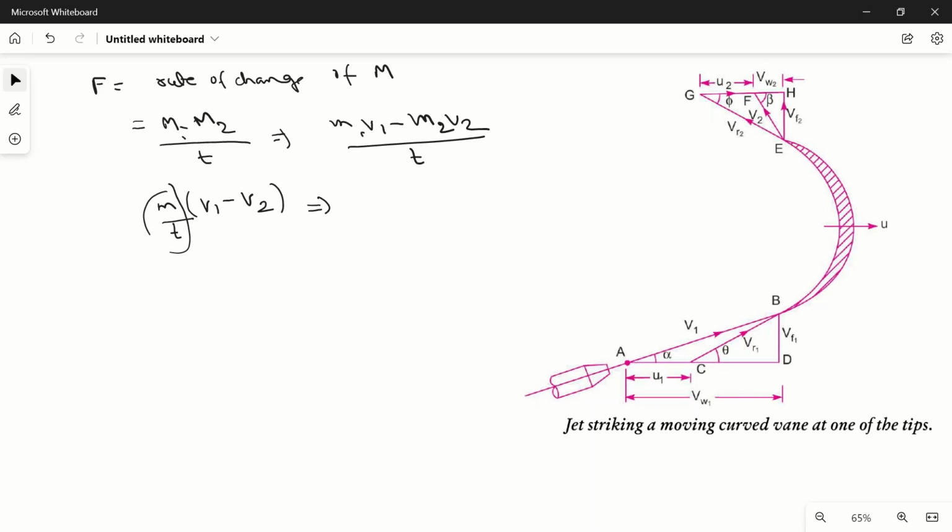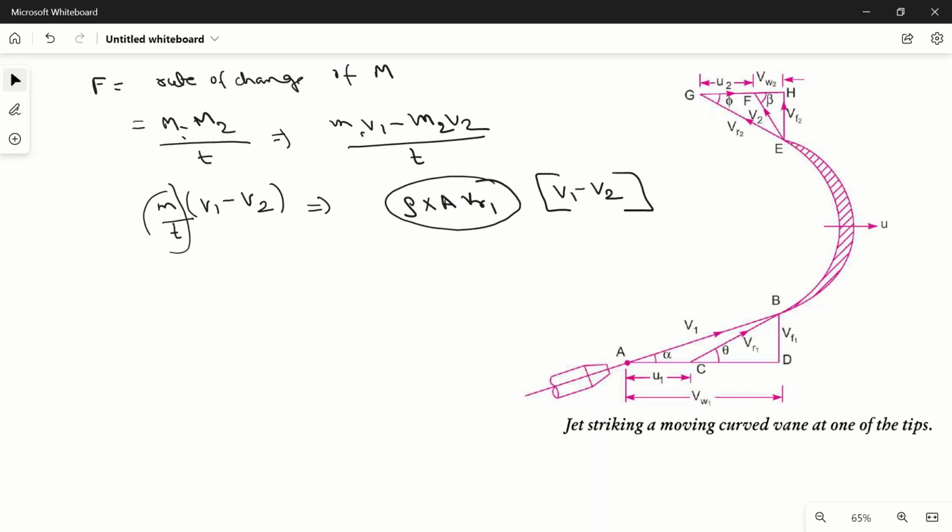Mass flow rate will be density into volume per unit time. So density is rho, and volume per unit time is area into velocity. So area into VR1, because VR1 is the relative velocity at inlet. So this is the volume of jet which is striking this blade, and V1 minus V2 is the velocities.